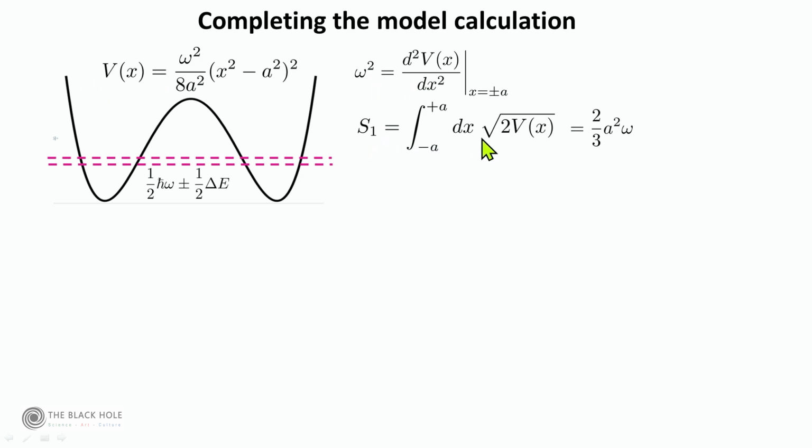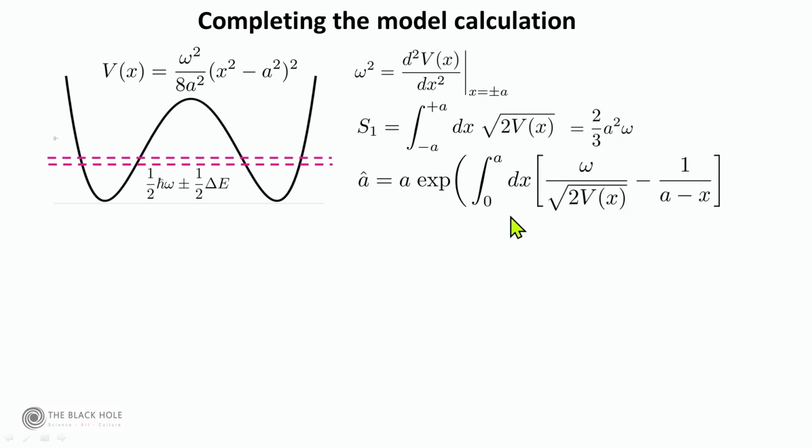S1, which is either x dot squared or equivalently square root of 2V of x. Well, just stick this in here. It's a simple integral. You get 2/3 a squared omega. Here, as I said, there's a logarithmic singularity here, logarithmic here.